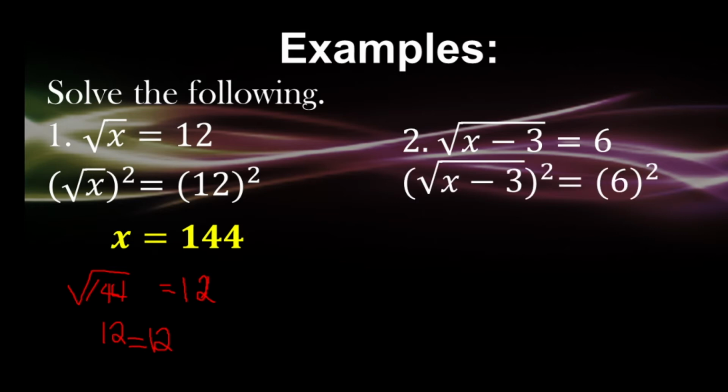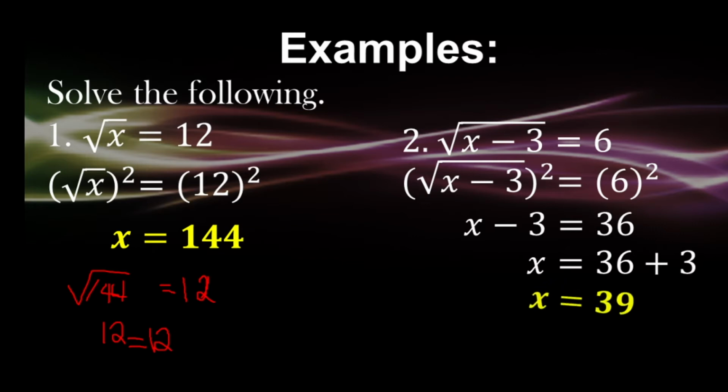So we have quantity square root of x minus 3 raised to 2 is equal to 6 squared. Therefore, we have x minus 3 is equal to 36. Solving for x, we have x is equal to 36 plus 3. Therefore, x is equal to 39.